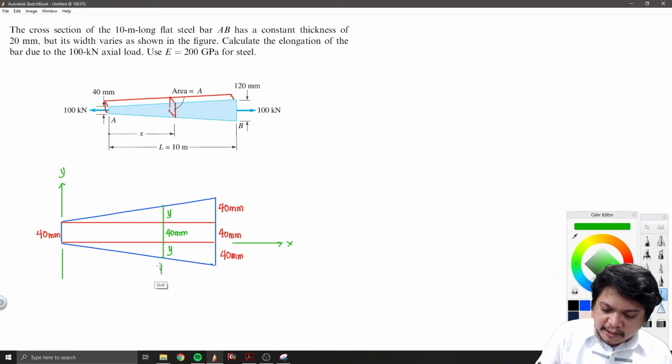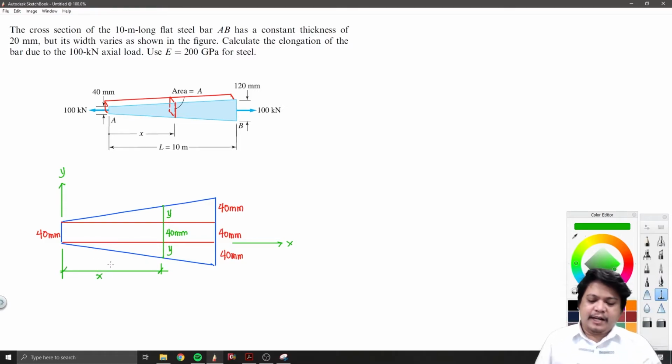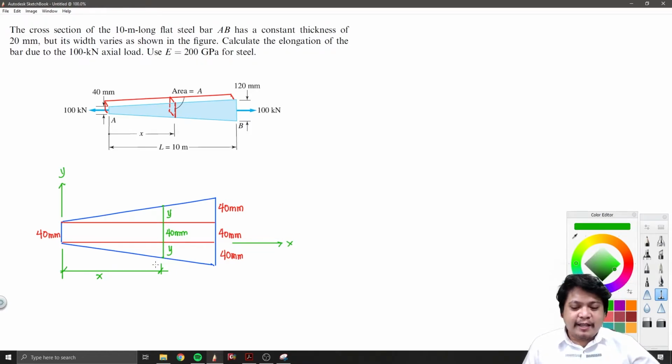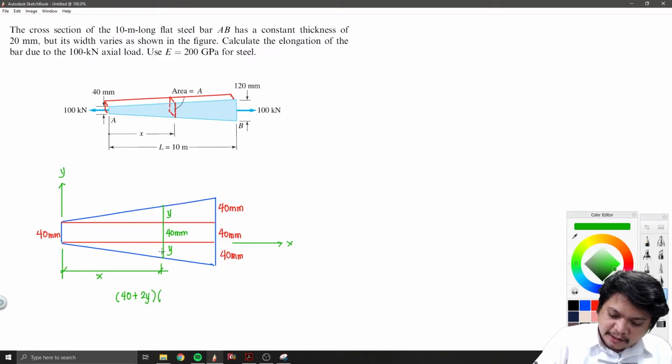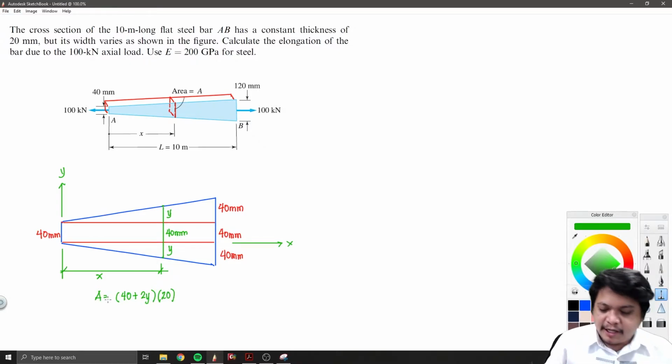So, at distance X, kumbaga yung cross area natin is 40 plus 2y multiplied by the value of thickness. Kasi yun yung thickness mo eh, around 20 mm, ano? Okay.